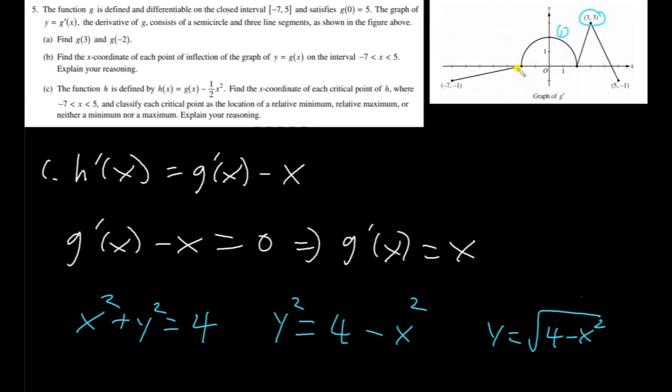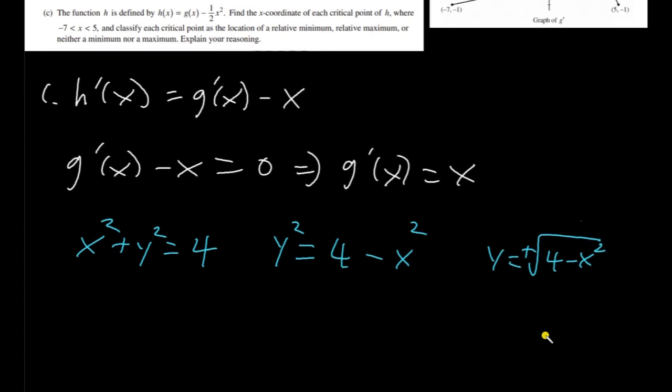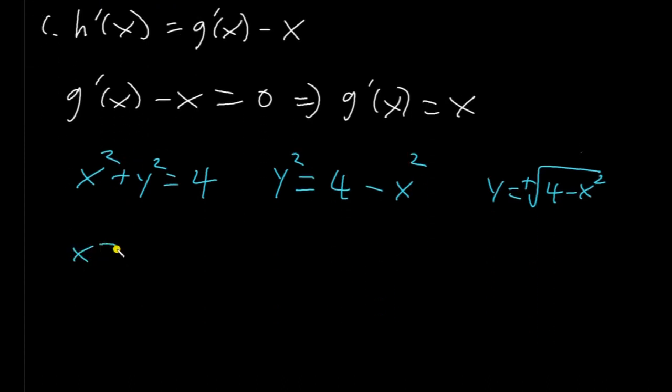And looking at the positive half of the semicircle, that's why it's a positive square root of 4 minus x squared. Okay, and if we want this to equal x, all we have to do is say x equals square root of 4 minus x squared. Okay, this is kind of like the g prime of x, and so we're saying g prime of x equals x. Now we have to solve this for x.